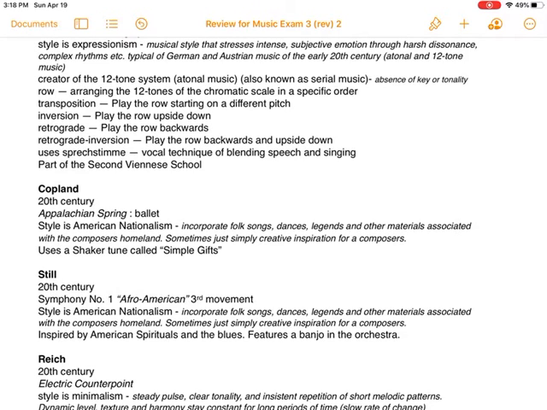So what he did is he reorchestrated it for a fuller orchestra. It was actually originally written for just 13 instruments with dance, and he reorchestrated it for full orchestra. And then he cut out some of the music that he felt didn't work without the dance, made it a stronger instrumental piece.